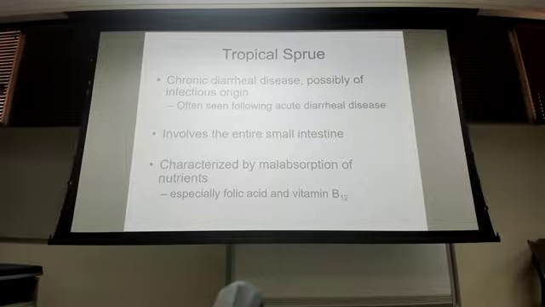So you're not going to have the microcytic anemia, which you got because that's where the iron's absorbed in the upper SI. Now you're going to get the megaloblastic anemia because you have folate and vitamin B12 deficiency. And if you go back to the chart, you can see where folate and B12 are absorbed: jejunum, ileum, respectively.